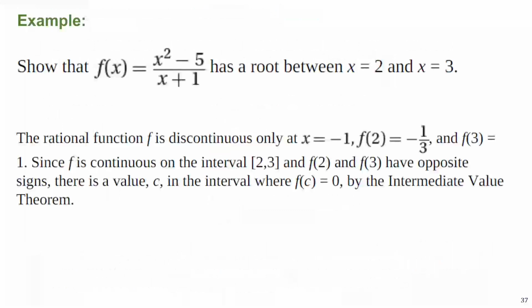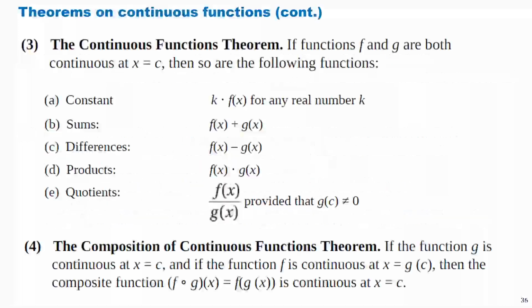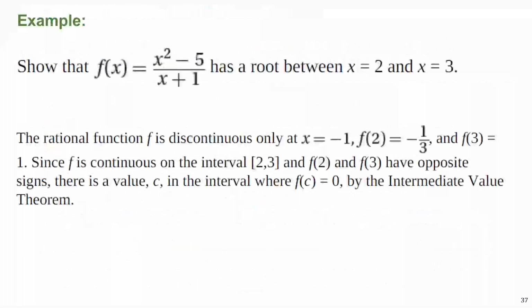Can you show that f(x) equals (x squared minus 5) over (x plus 1) has a root between x equals 2 and x equals 3? So we can consider this problem using the theorem we have learned here, right? The rational function f is discontinuous only at x equals -1.